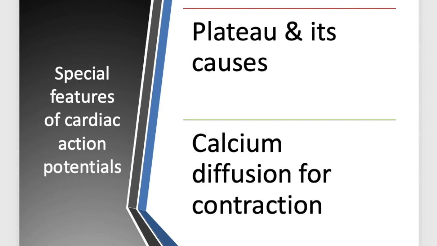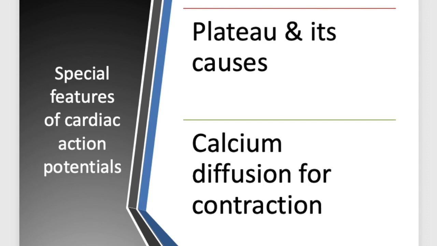So the action potential spreads along the T-tubules, causing the longitudinal sarcoplasmic tubules to release calcium ions into the sarcoplasmic reticulum, right? These calcium ions catalyze the chemical reactions that promote the sliding of actin and myosin filaments along one another to cause muscle contraction. Now, this kind of mechanism is also present in the skeletal muscle.